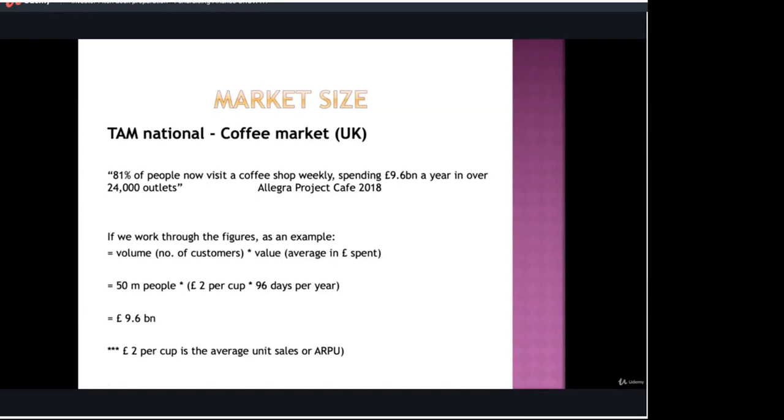In this example, the market size in 2018 is UK pound sterling 9.6 billion across all of the 24,000 outlets in the UK. So, to work through a simple example to aid your understanding, we need to ask ourselves 3 questions.